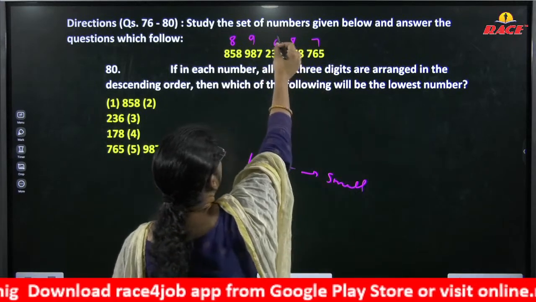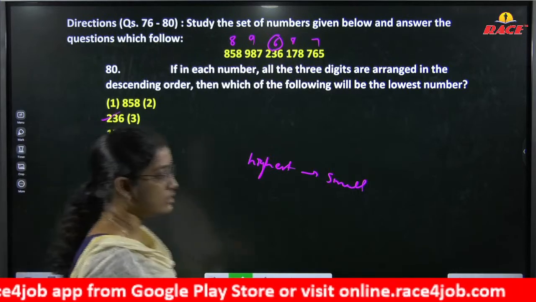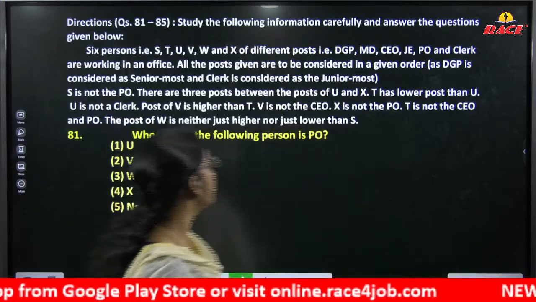Which number is lowest? 6. That means our answer is 236. Then next question.